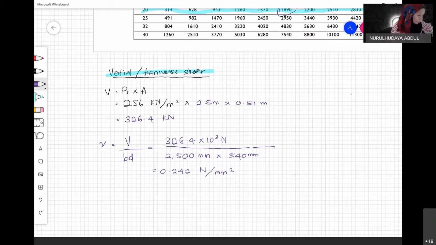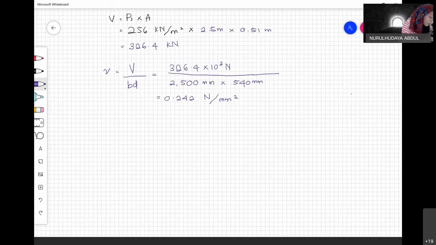Okay. So to calculate that VC, we have the formula which is 0.79 times dengan square root kuasa 3 of 100 AS divided by BD, and then darab dengan kuasa 400 divided by D, and divide with gamma.